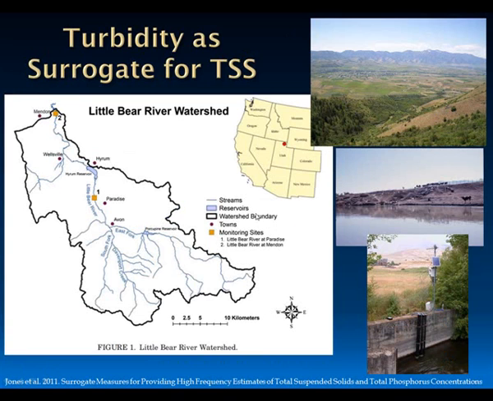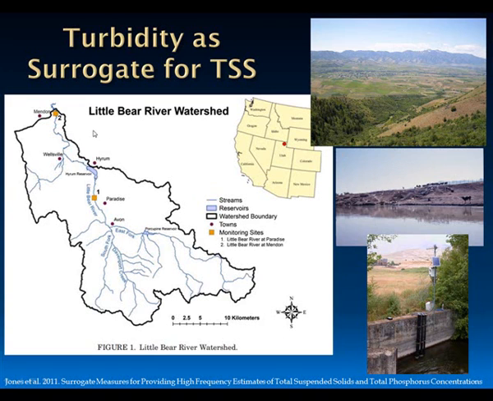And if we look at the paper that you're going to read for this week, this is the Little Bear River watershed in northern Utah. This is actually the valley that I grew up in, which has mountainous headwaters back here, and then increasingly agricultural moving downstream. And they have deployed a number of these turbidity measurement stations.